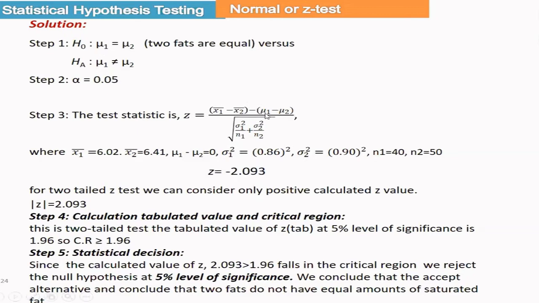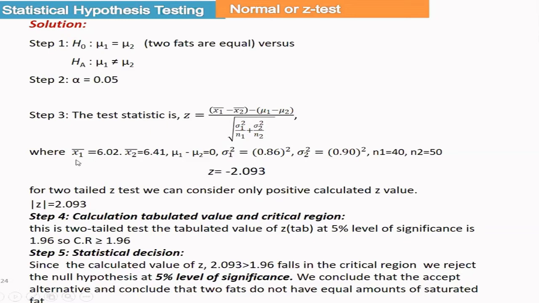So if equal, then mu1 minus mu2 will be 0. Sigma 1 is the variance of the first sample, which is brand A, and sigma 2 is the variance of the second sample, brand B. n1 is the sample size from brand A, and n2 is the sample size for brand B.